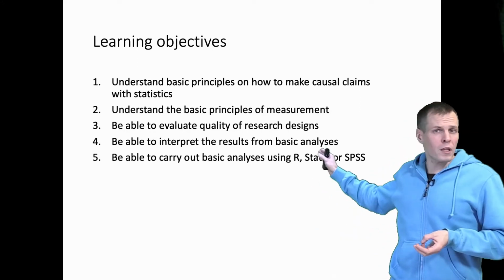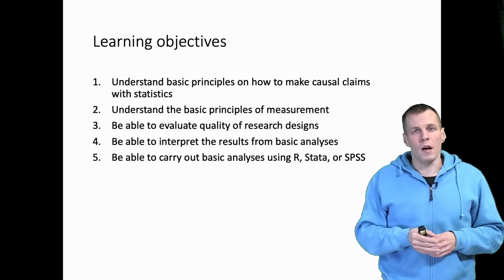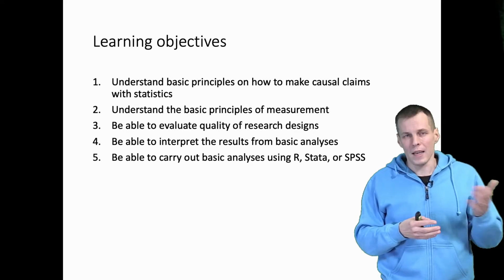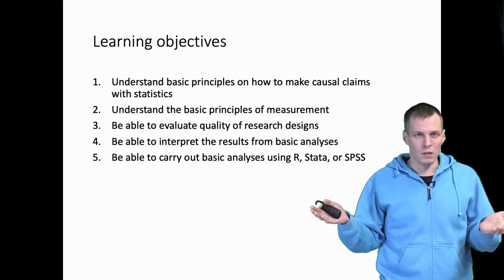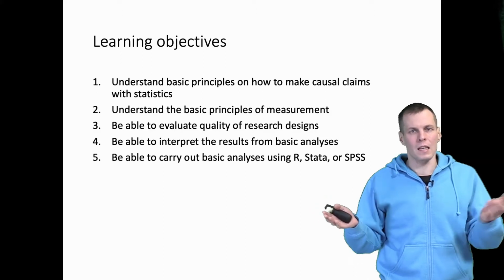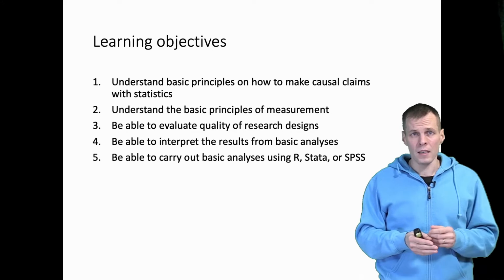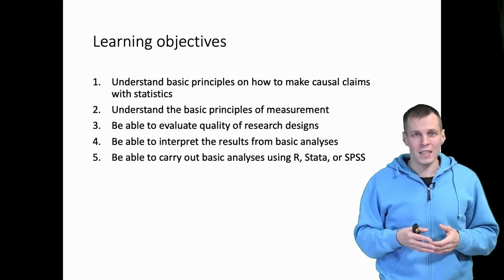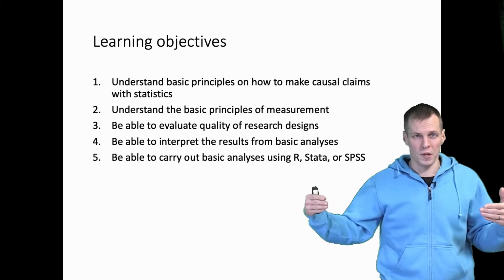We learn also about interpretations. Most interpretations in management research and in information systems is hypothesis supported or not. And basically if we say that X causes Y, the hypothesis that we're testing is that the effect of X on Y is not zero.